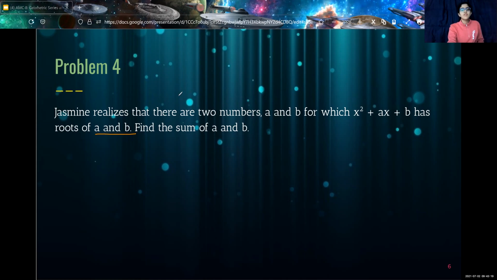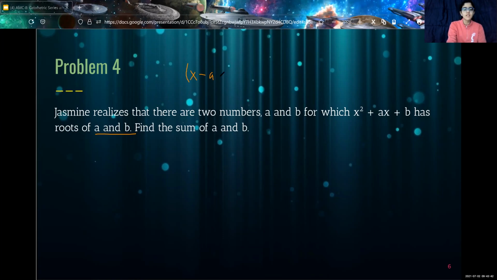Okay, so someone said find their values, and yes, that's what we're going to do. However, do you know how we get there? Okay, so we know that the roots are a and b. So we get x minus a times x minus b, right?